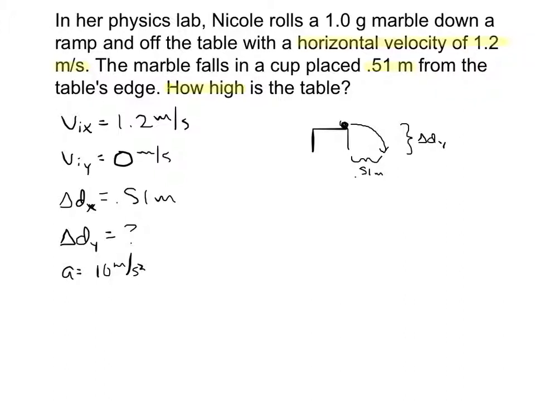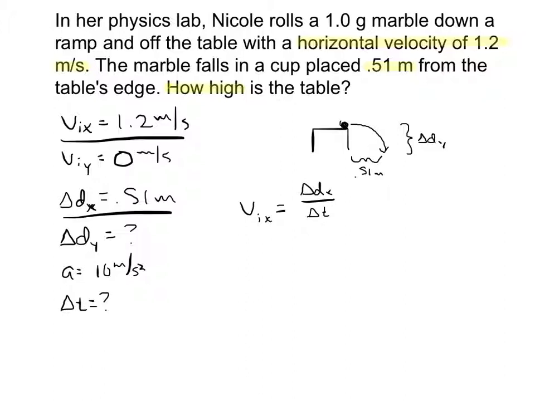Okay, to solve this, there's a couple pretty important pieces here. The first thing that we're going to have to do is to use this Vix and the dx. And remember that velocity or speed equals distance over time. That's going to be pretty useful for us because we have to find the time before we can find anything else in this problem.